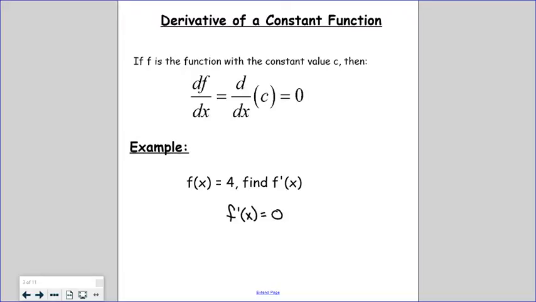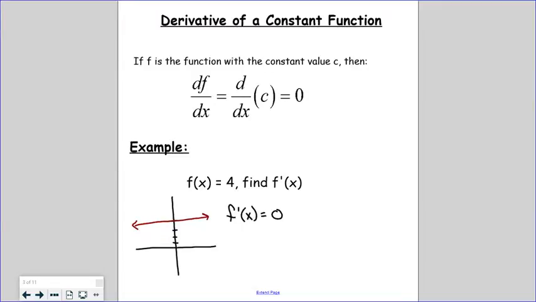While you guys are writing that down, just a little side note, continuing to tie the idea of derivative to the slope of the tangent line. If you were to think about the function f of x equals 4, or y equals 4, remember what that is: it's just a horizontal line up at 4, right?